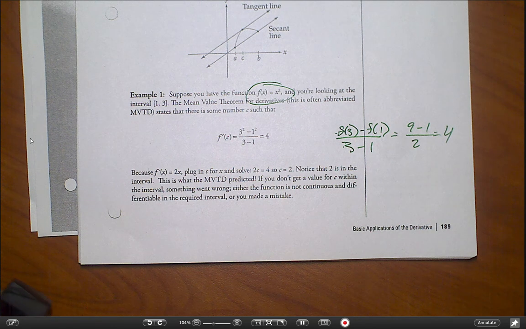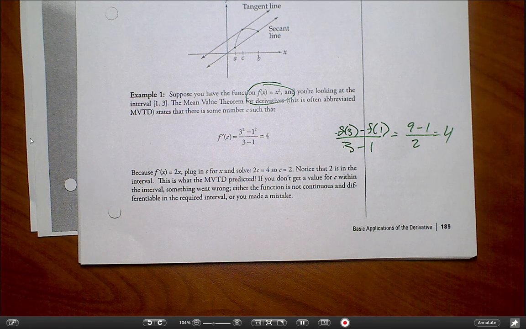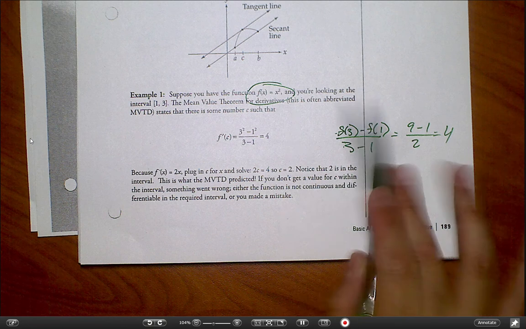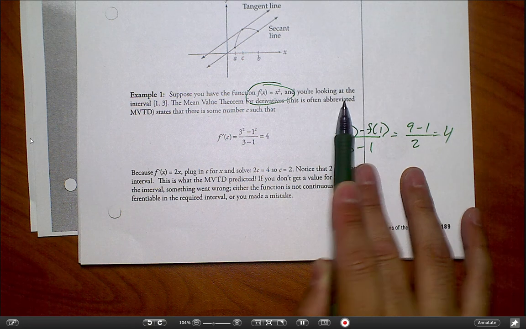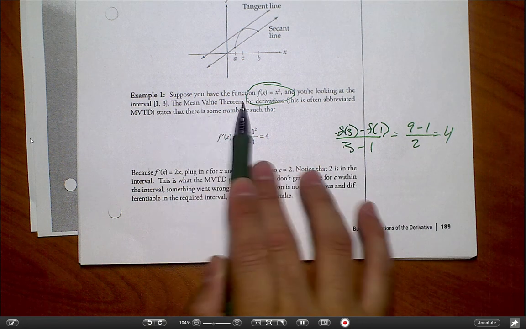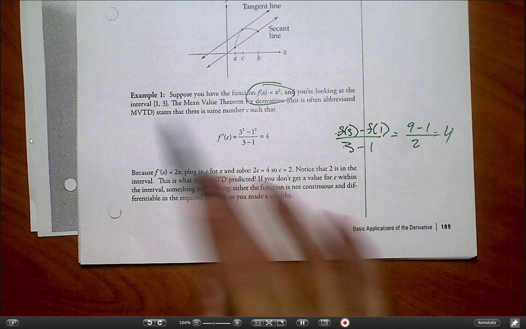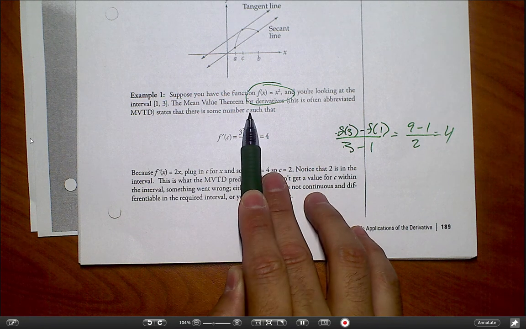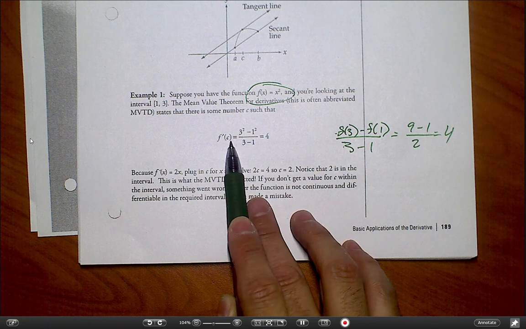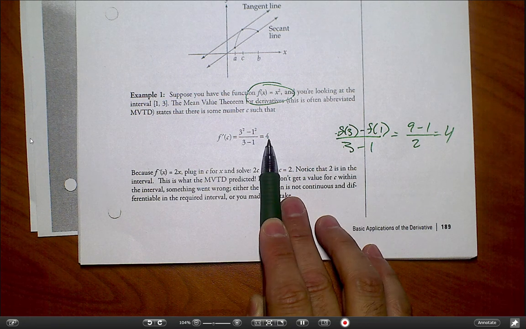Okay, so now this is important. This is actually going to be the average value. MVT for derivatives could be written like that. There's such a number c, so f prime of c is this. That's important.